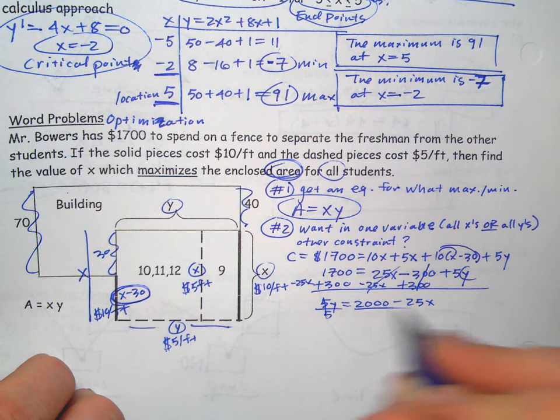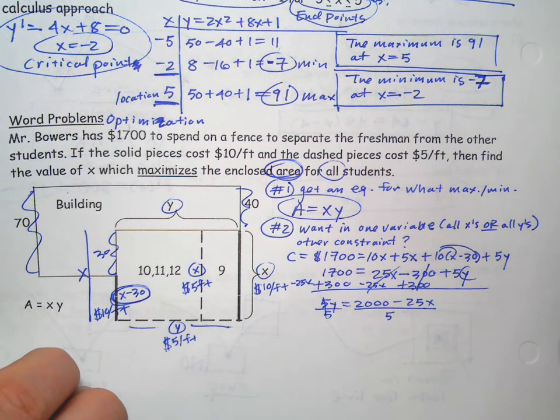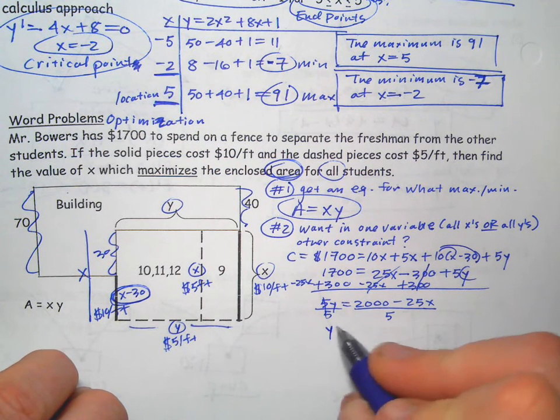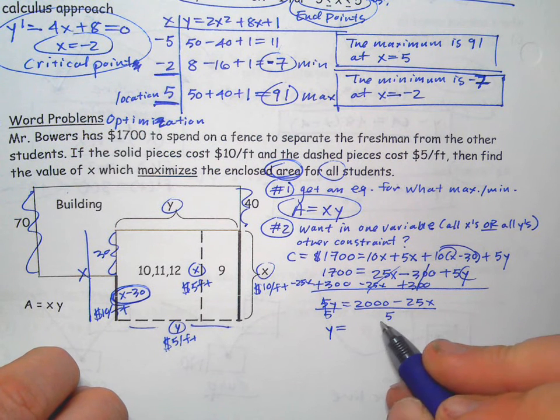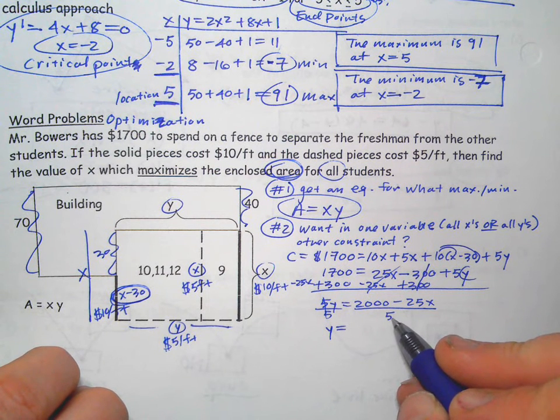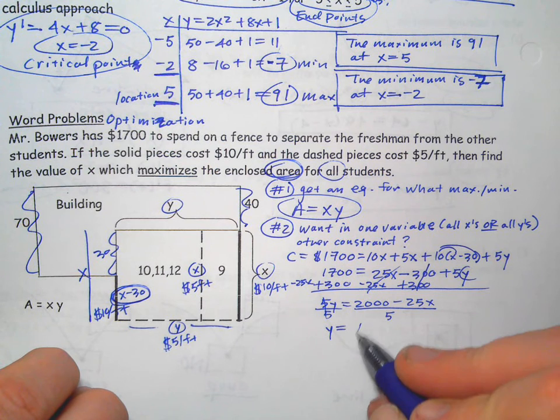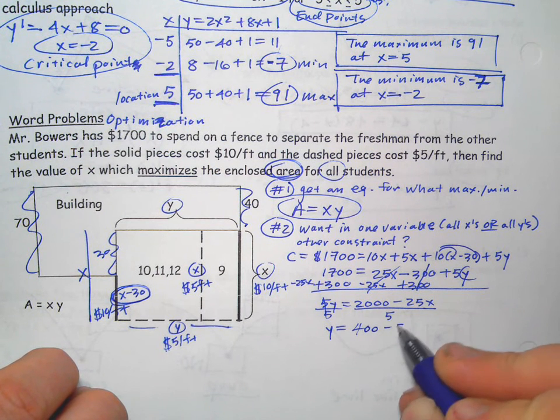Now, if I'd solve for x and y, I could do that. I'd for sure get some fractions this time. 5 goes in 2,000 400 times, so that'd be 400 minus 5x.